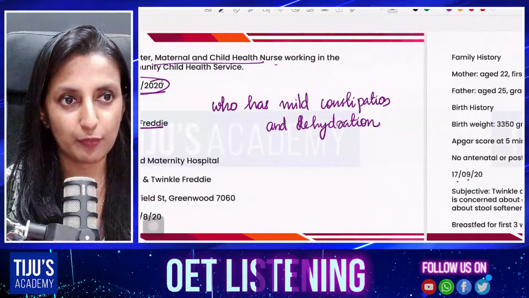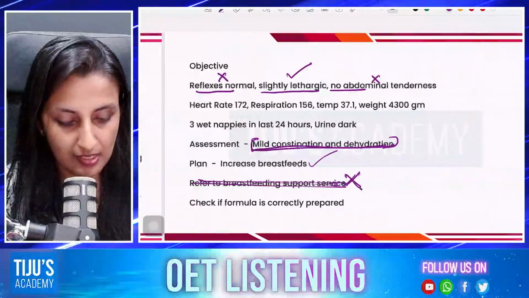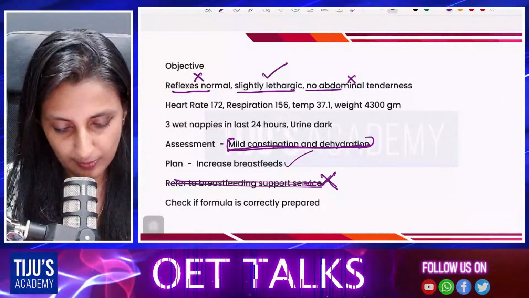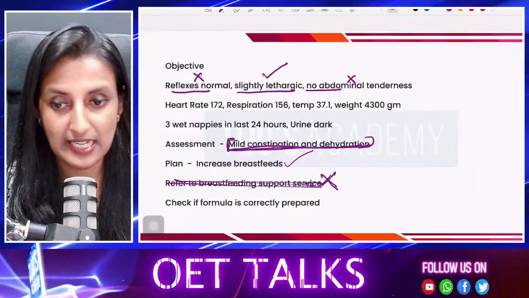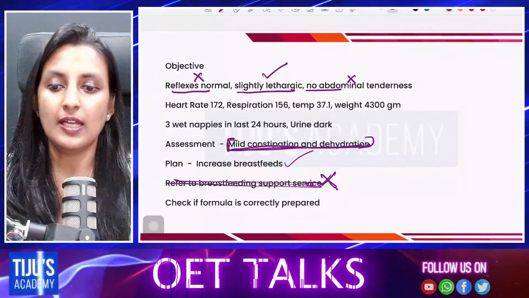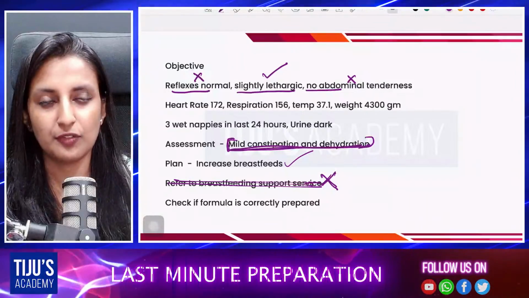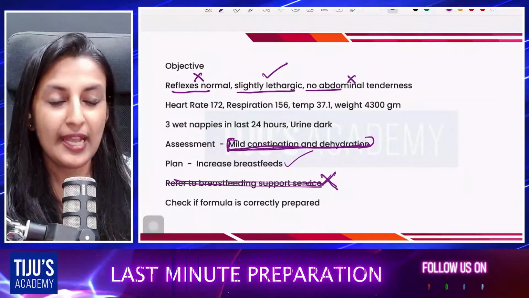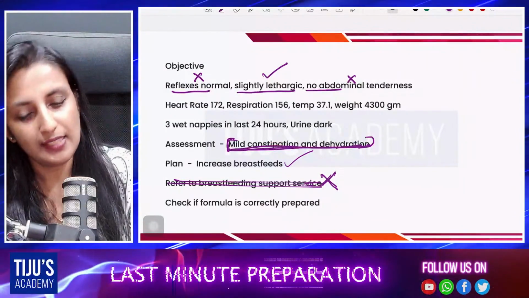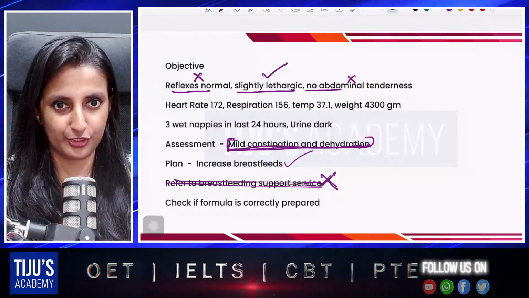This is how we have to write the first line of this letter, because in the assessment it is mentioned that the patient has mild constipation and dehydration. So the first line is, I am writing to refer Freddy, who has mild constipation and dehydration.